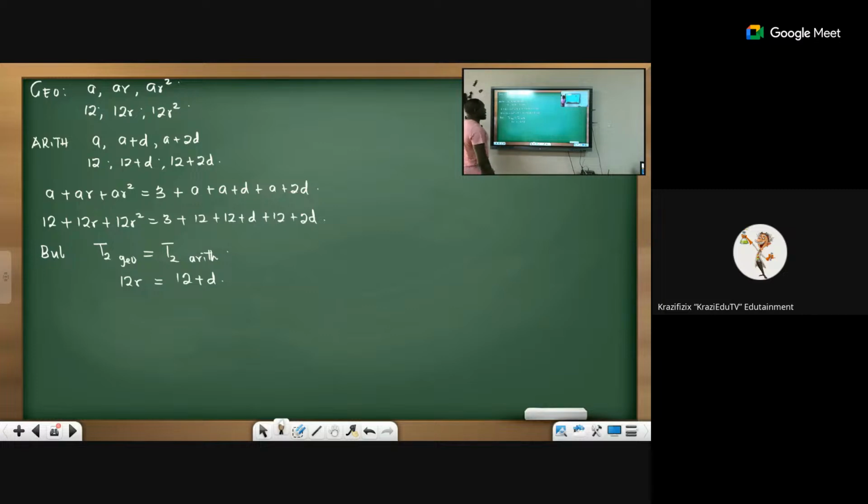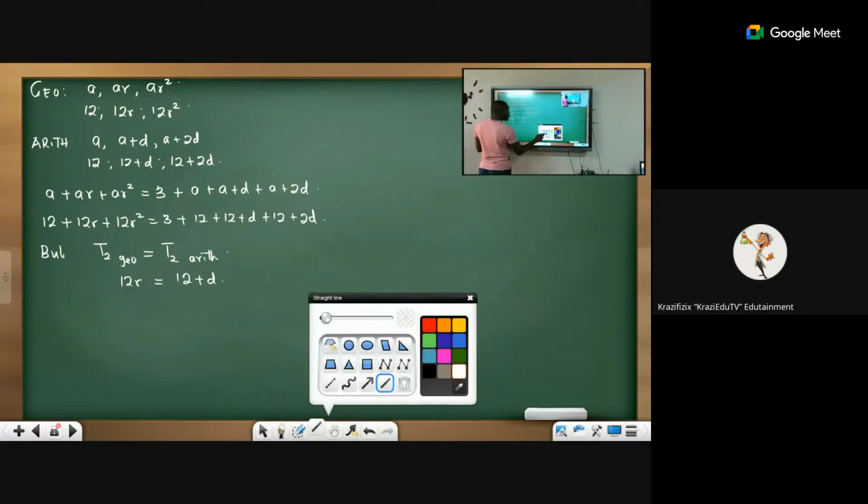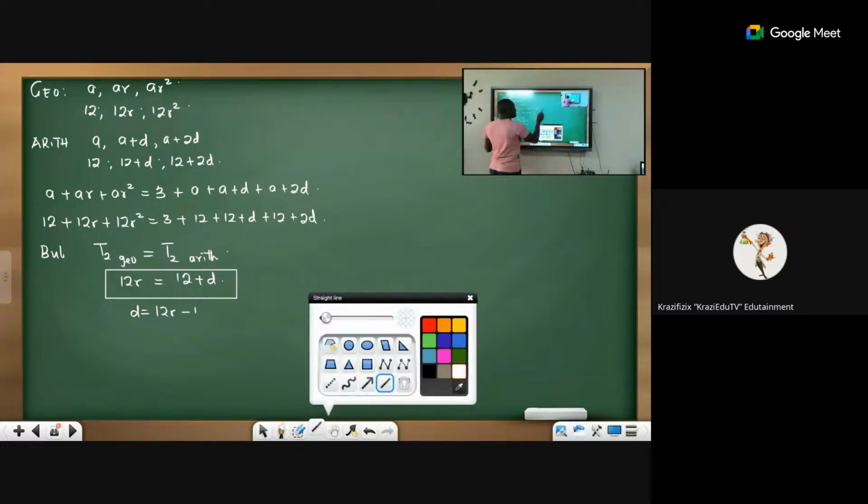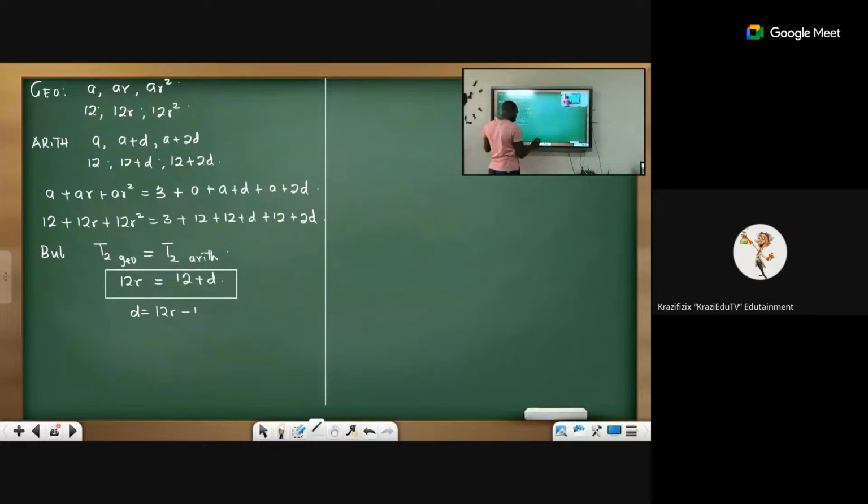Whichever way you want to do it, it's now two equations. We can then substitute. We can then walk through substitution. There we go. So what is D? 12R. Anywhere I see D, can we substitute? Okay, let's go. So what we have?